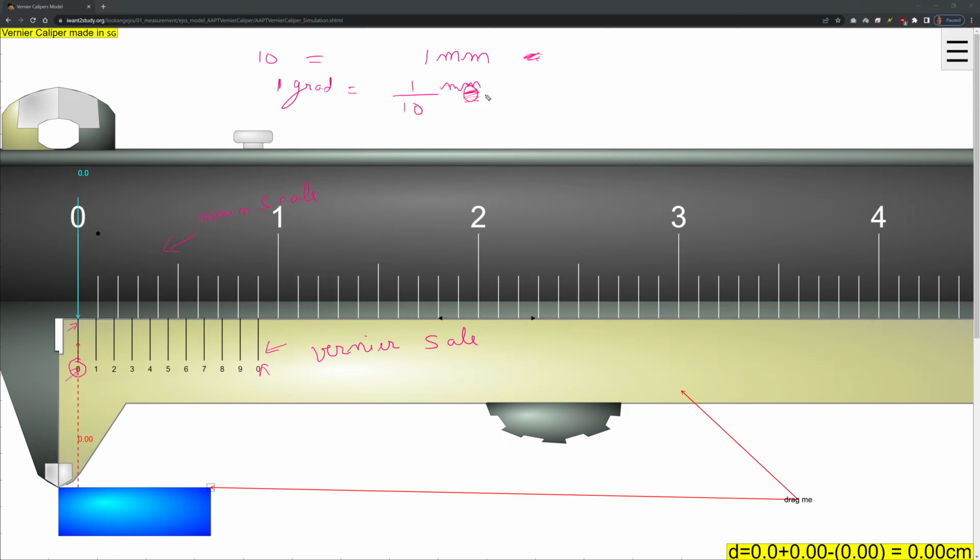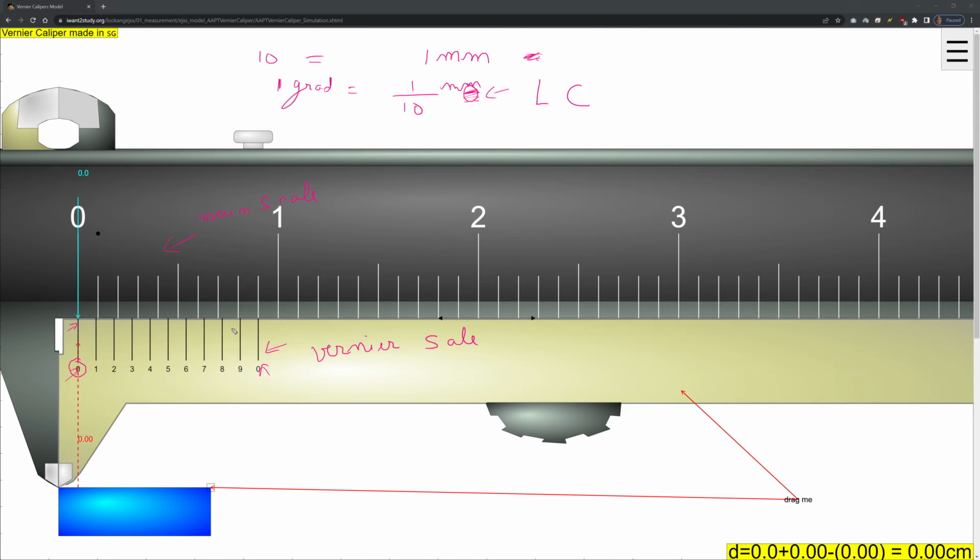So I am able to read using this Vernier calipers, and we will study how it works in a different class. But what is the accuracy? The accuracy is 1/10 of a millimeter, and this is also known as least count. So the least count of a Vernier scale is 1/10 of a millimeter.